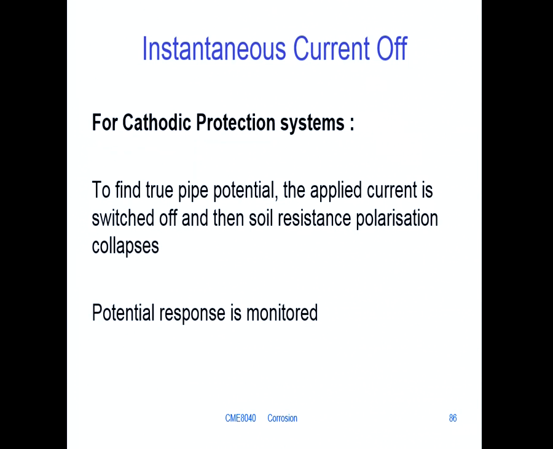You'll get an instantaneous drop in the potential, and then a more gradual drop off. And it's the instantaneous drop which is related to this IR effect, essentially the resistance in the soil. And you can then get your true pipe potential. And we'll have a look at that again next time. Okay, thank you.